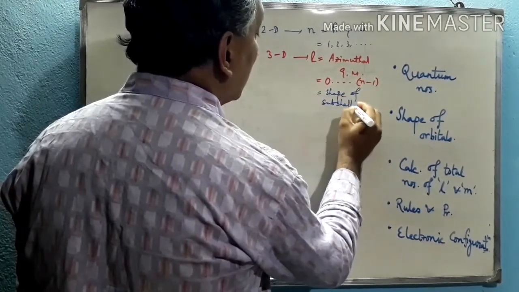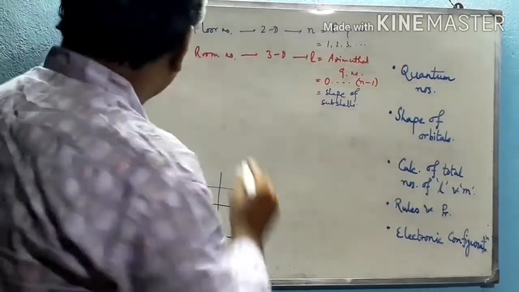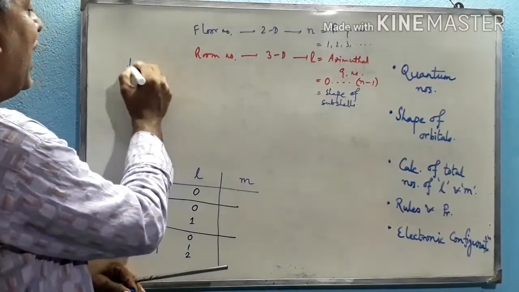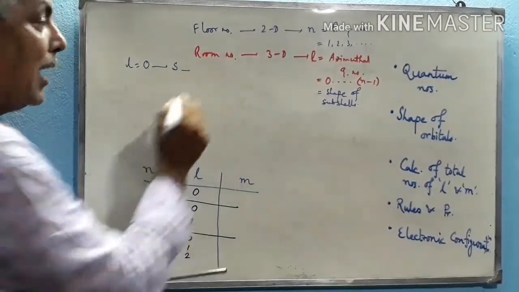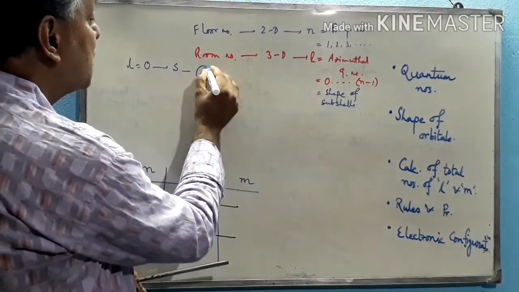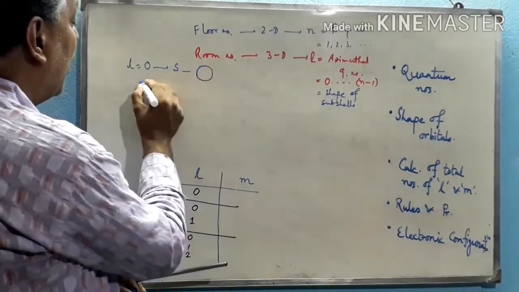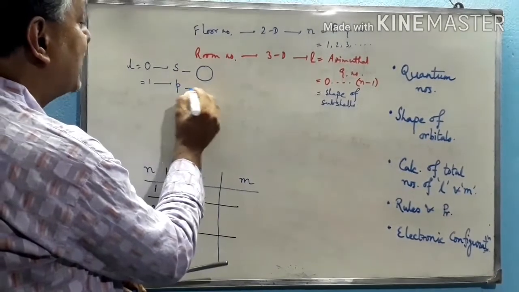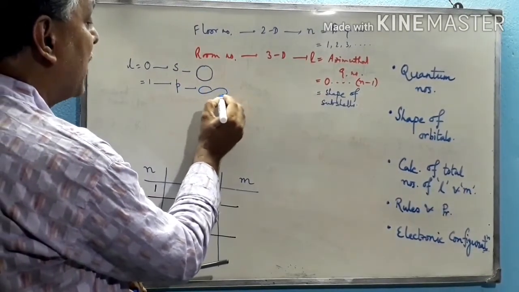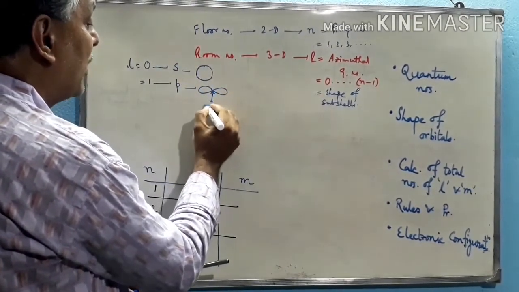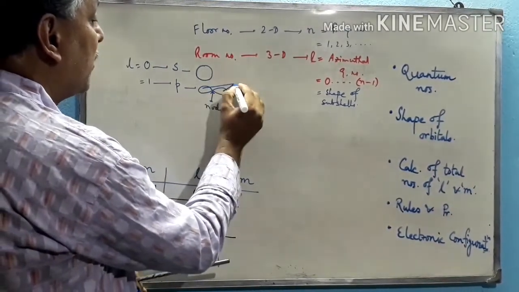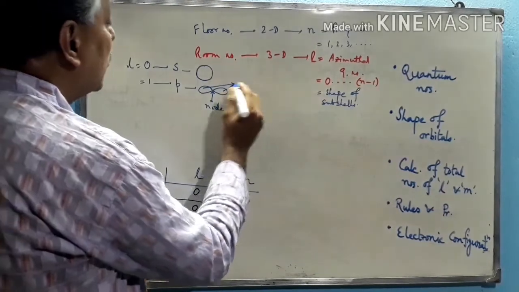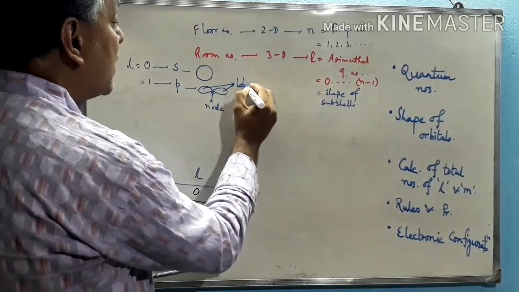Now what are the shapes? When l equals 0, this denotes the s subshell. s is spherical, so it is a three-dimensional spherical space. When l equals 1, that denotes the p subshell. It is a dumbbell shape, and this portion is called the node, and these are called the lobes.